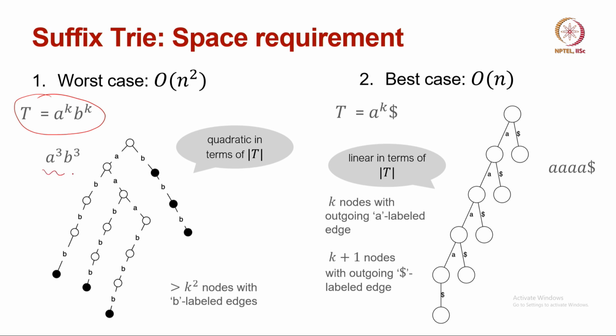As an example, I have drawn the suffix trie of this string, and you can easily see that in this worst case example I already have more than k square edges that are labeled B, because observe that once you add the suffixes corresponding to the B cube term, now as you add AB cube you will have to introduce a new path.